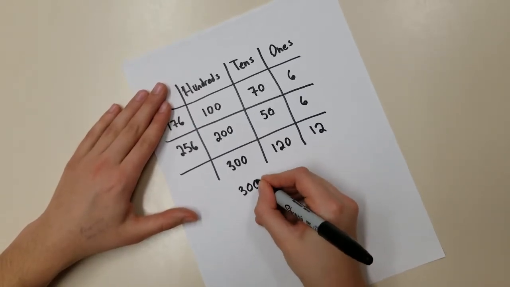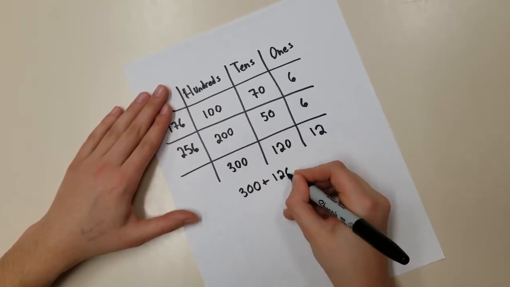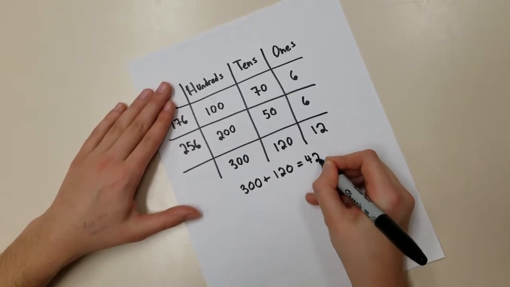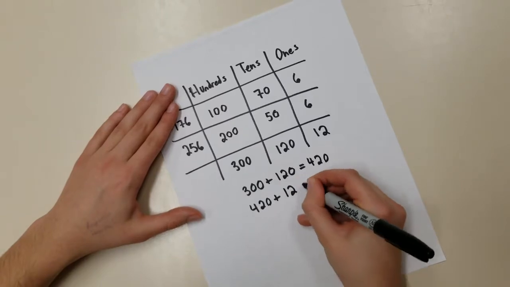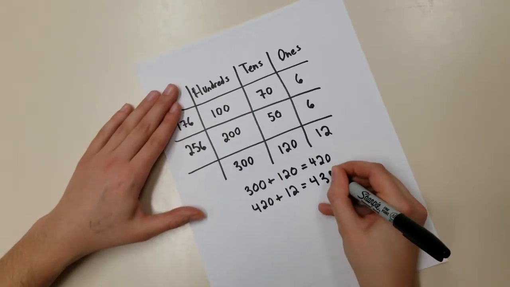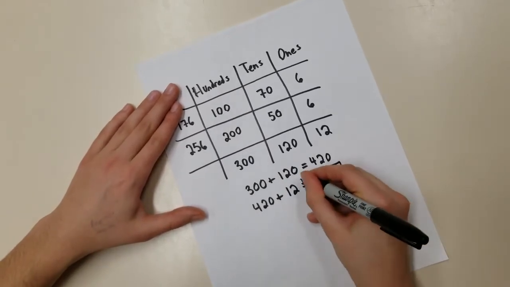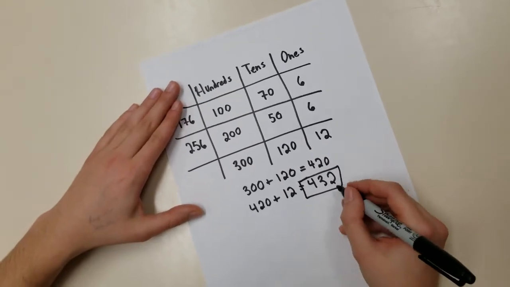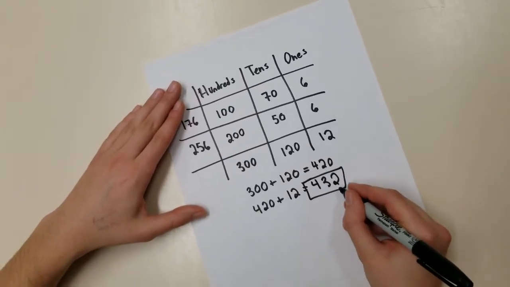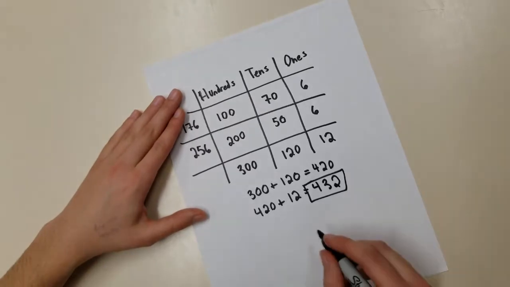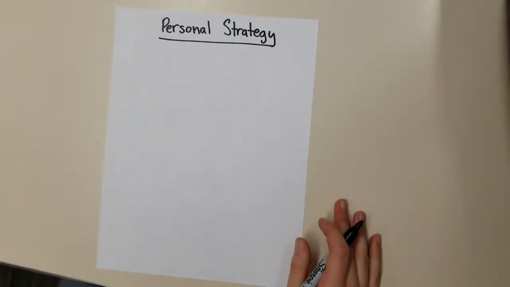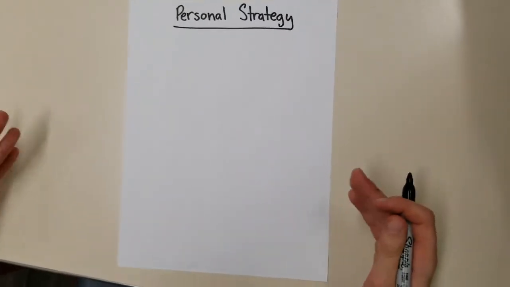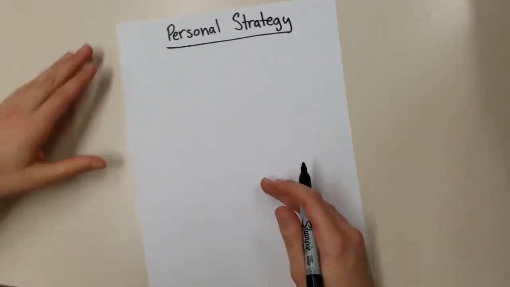I know 300 plus 120 is 420, and 420 plus 12 is equal to 432, which is the same sum we had before. And as we can see, the sum we keep getting is pretty close to our estimation from earlier of 450.